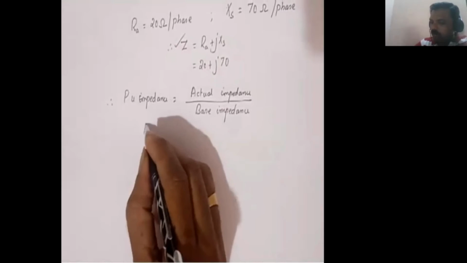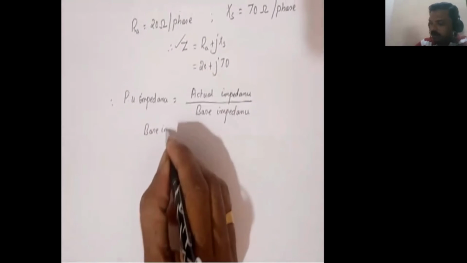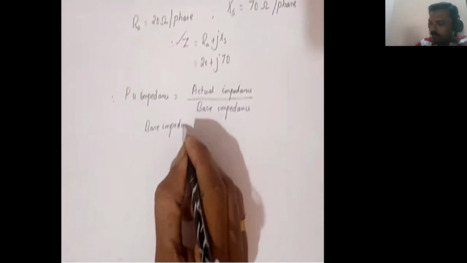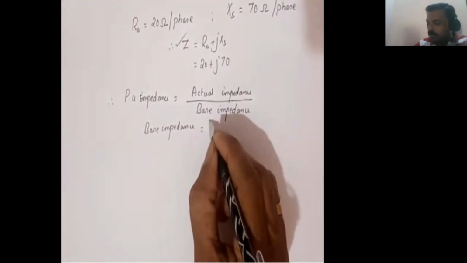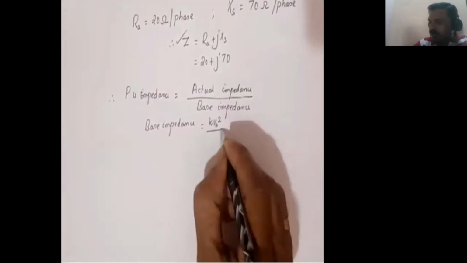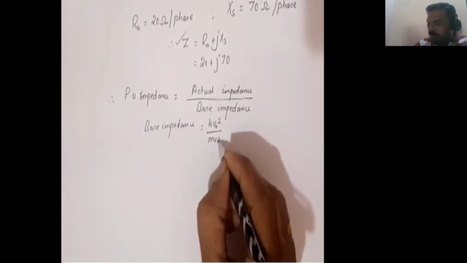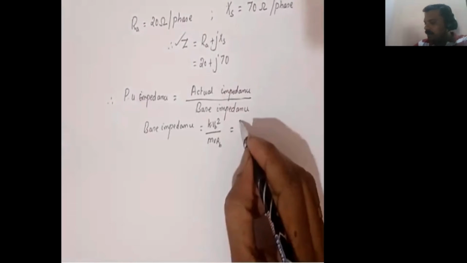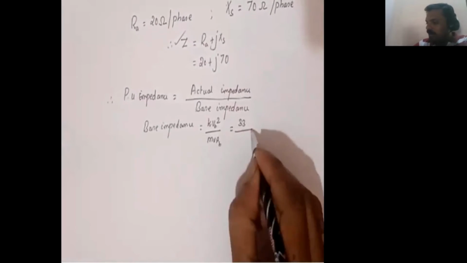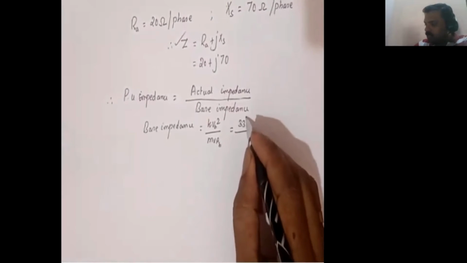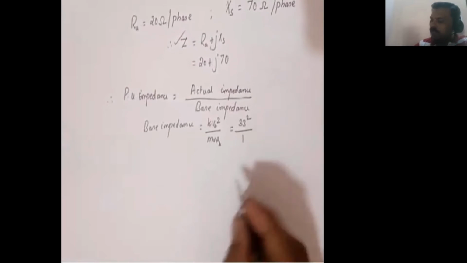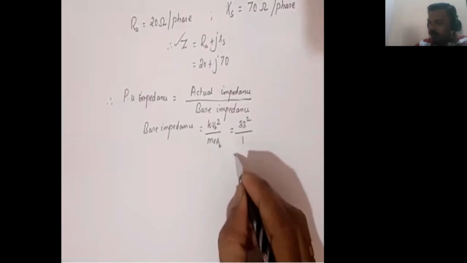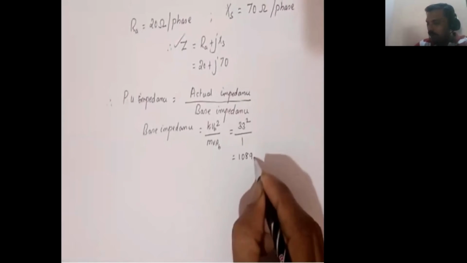Base impedance formula: KVB square divided by MVAB. Here KVB is 33 and MVAB is 1, so 33 square divided by 1. 33 square is equal to 1089 ohm.